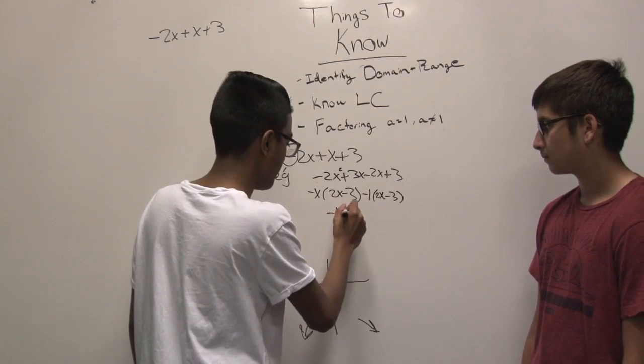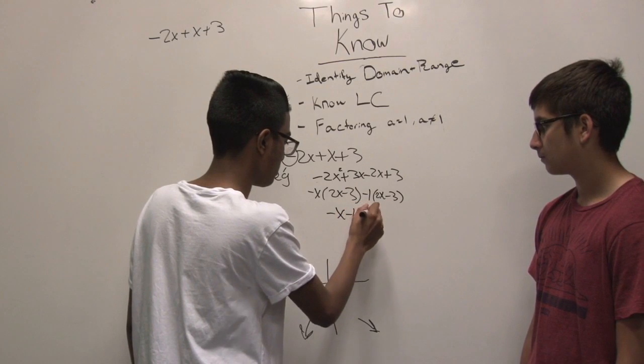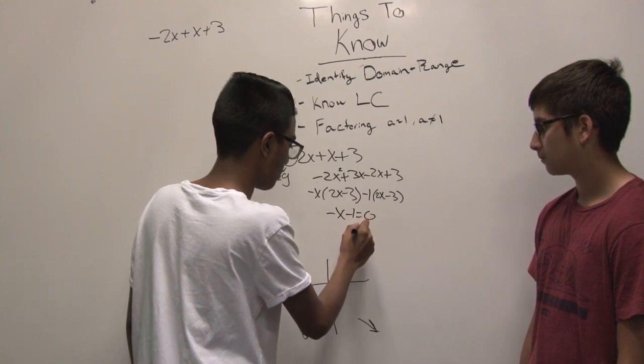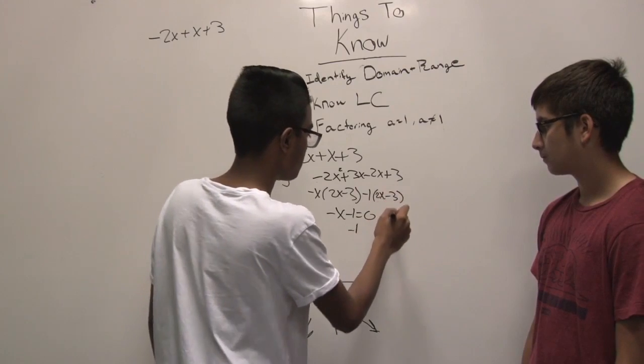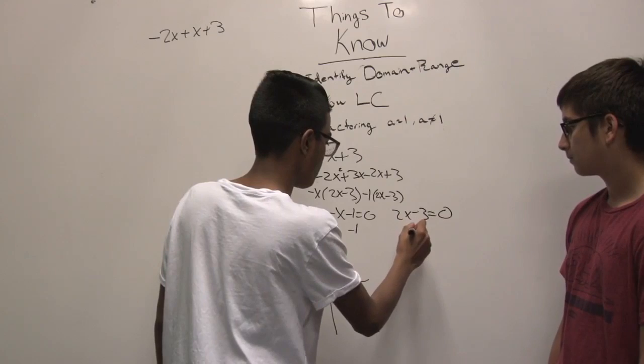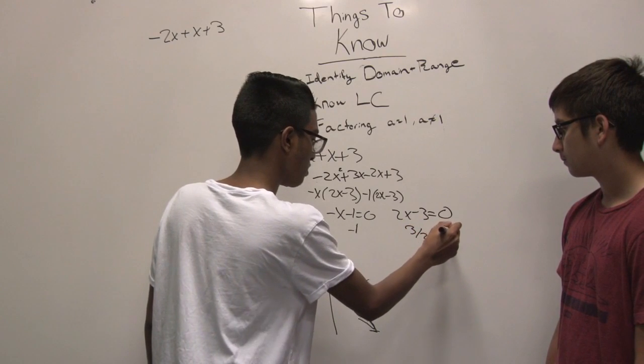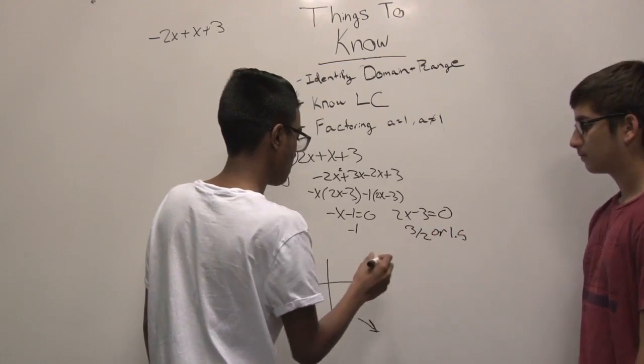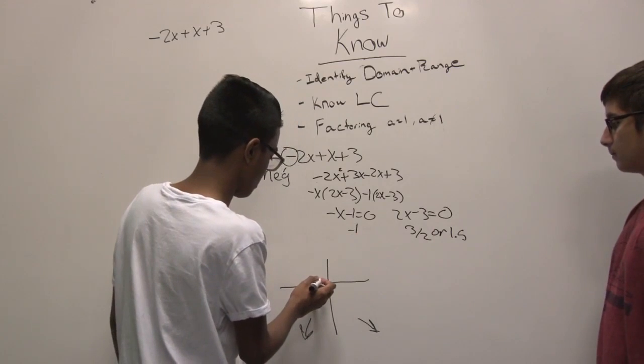So when we set negative x minus 1 to 0, you get negative 1. And when you set 2x minus 3 to 0, you get 3 over 2, or 1.5. So you could easily graph that.